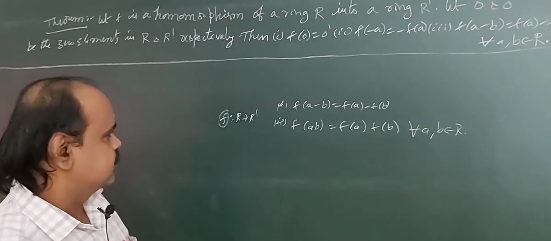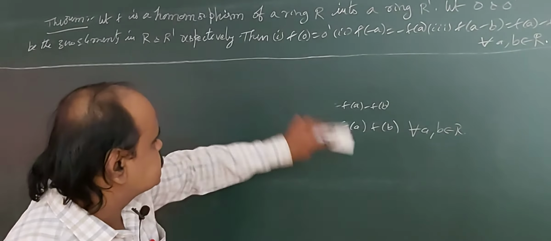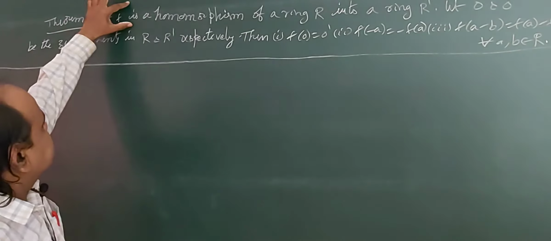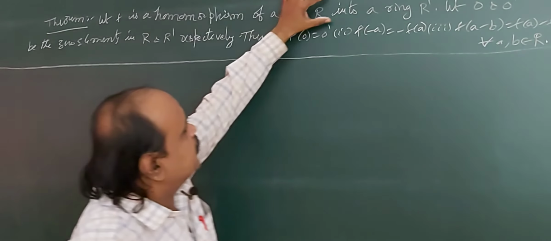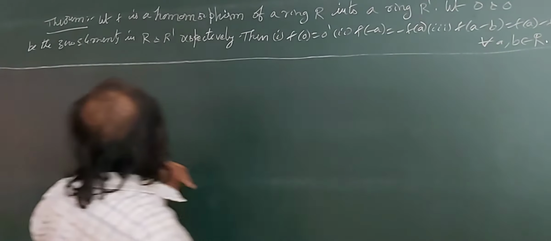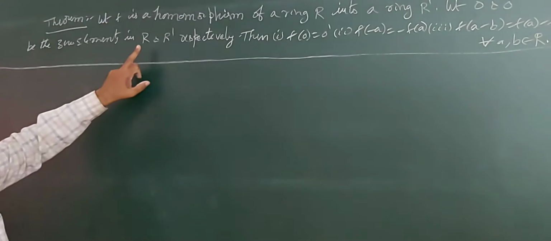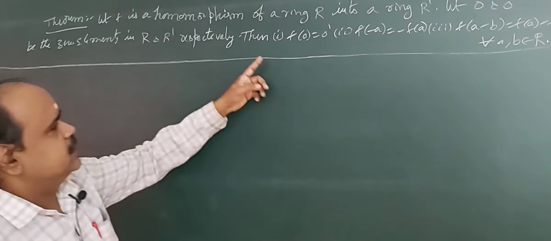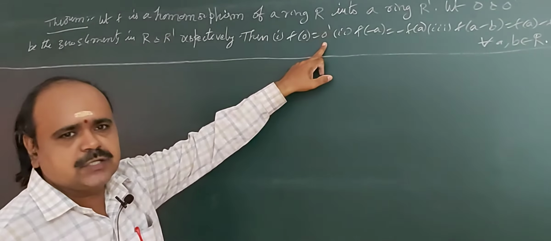Okay, now come to the statement of a theorem. Let f be a homomorphism of a ring capital R into a ring R dash. Let 0 and 0 dash be the zero elements in capital R and R dash respectively. Then f of 0 equals 0 dash.